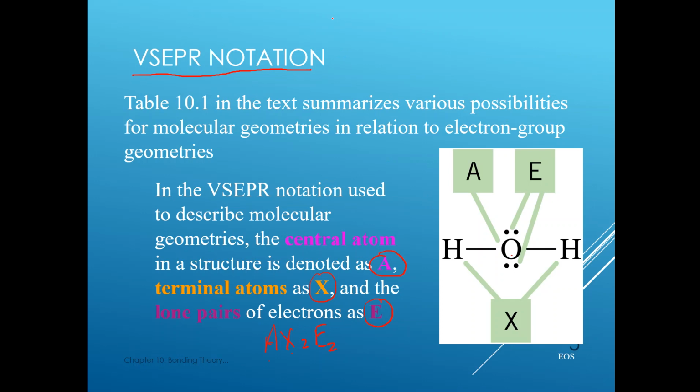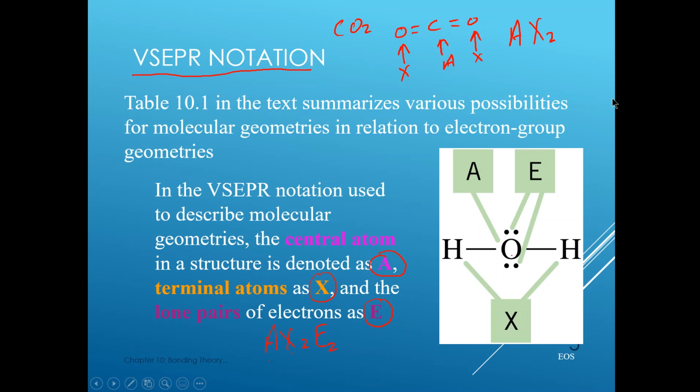Let me use another example. Let's say in the case of carbon dioxide, for which the Lewis structure is this, right? In this case, carbon would be the central atom, so that would be the A atom, and the oxygens would be the X atoms, and there are no lone pairs. So therefore, the VSEPR notation for carbon dioxide would simply be AX2, all right?